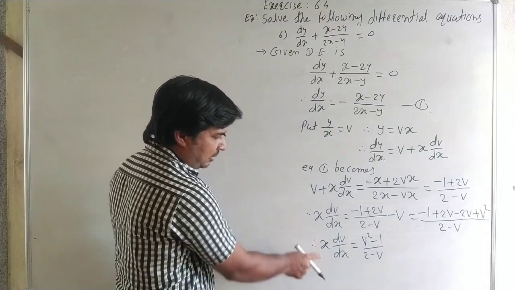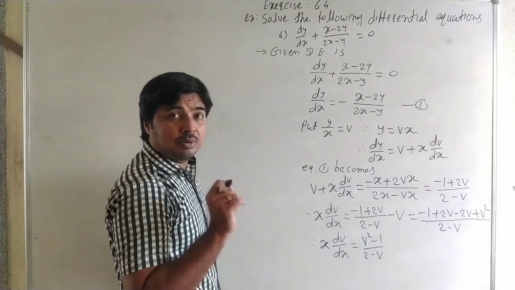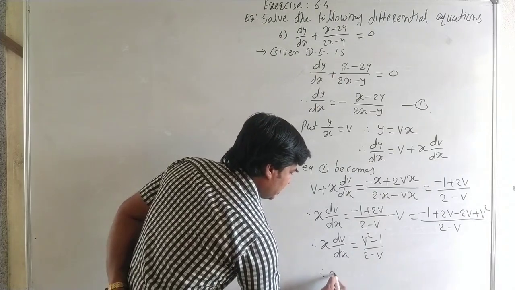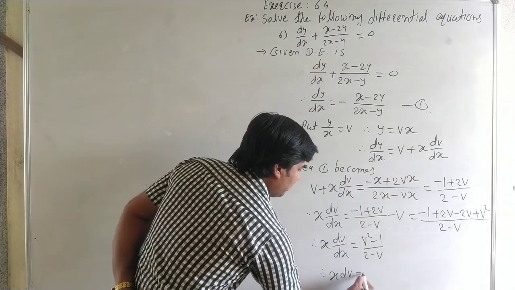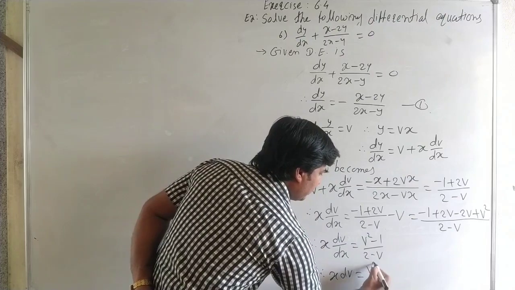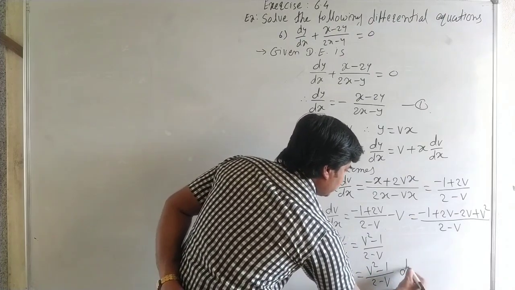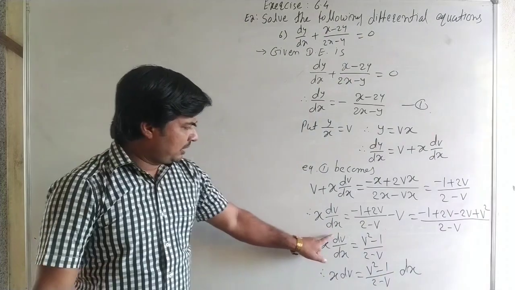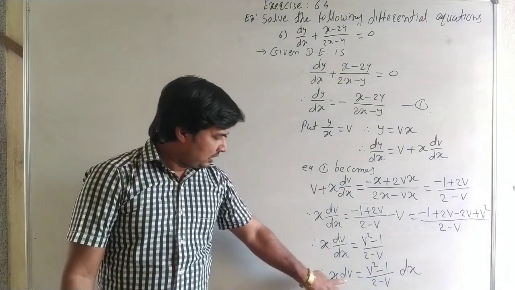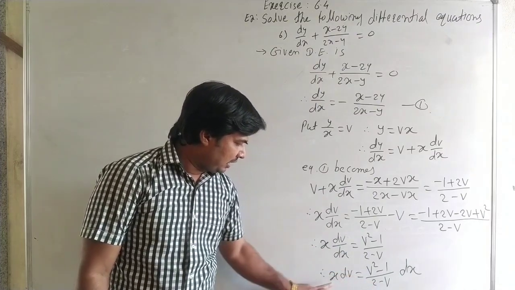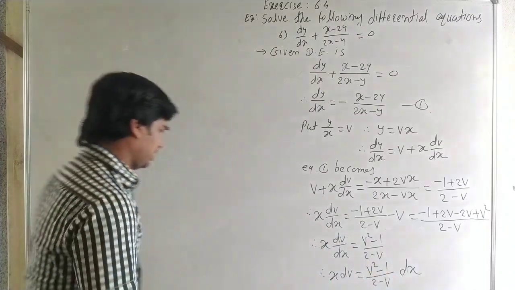Okay. Now it is a differential equation in the variable separable form. So first separate the differential coefficient, therefore x into dv and v square minus 1 upon 2 minus v dx. Only separate the differential coefficient. Now we take all terms of v with dv and x with dx.